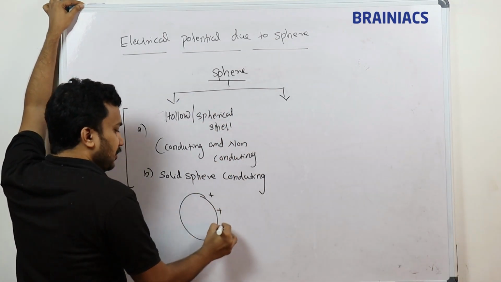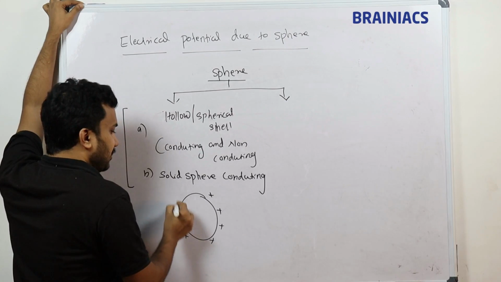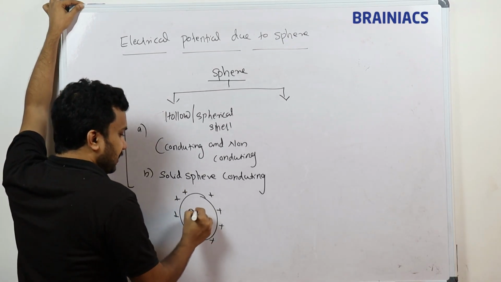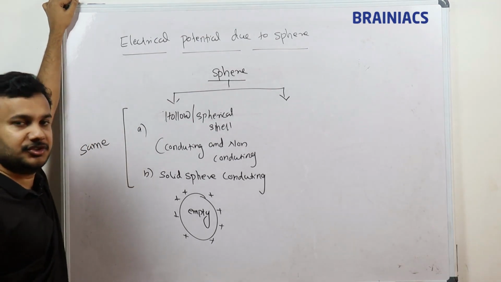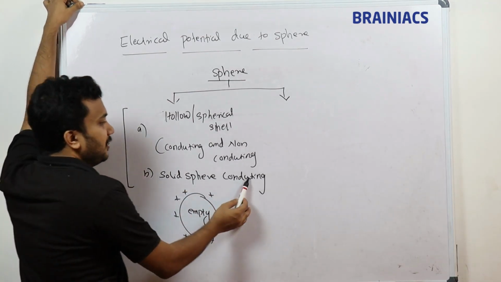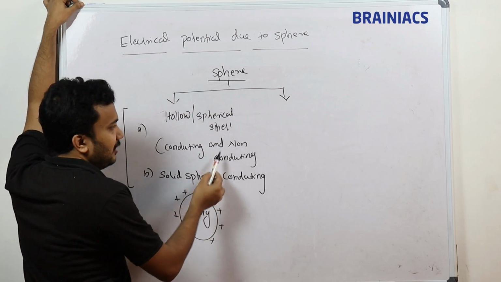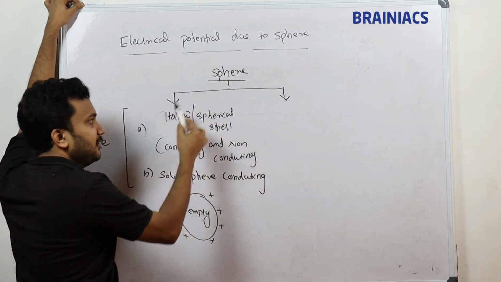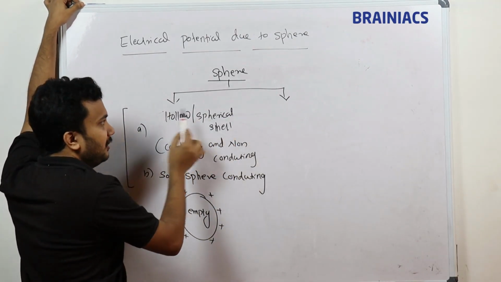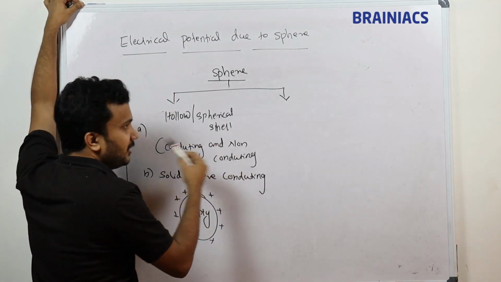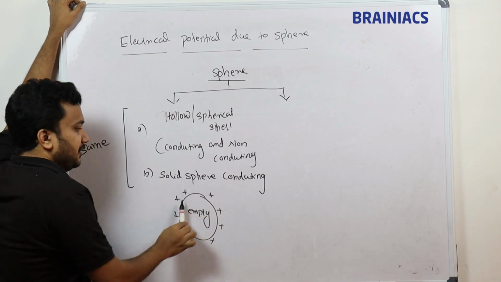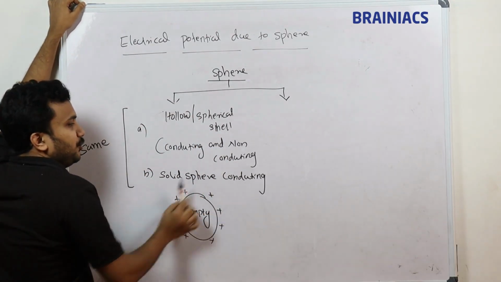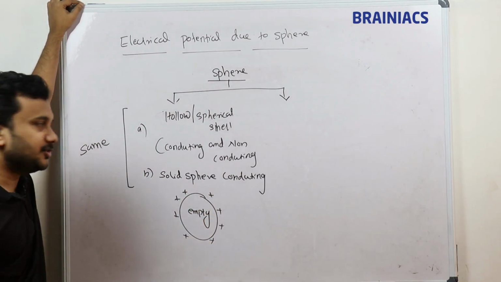Charges are present only at the surface. Charges are not present inside, so inside it is empty. If you see in a question paper a conducting solid sphere, a conducting hollow sphere, a conducting spherical shell, a non-conducting hollow sphere or a non-conducting spherical shell, all of these together indicate that charges are distributed only at the surface, not inside.